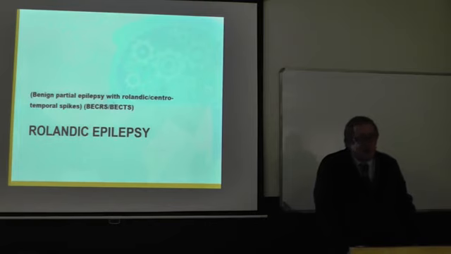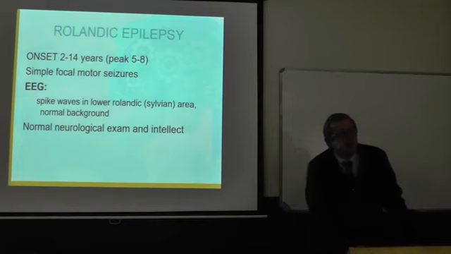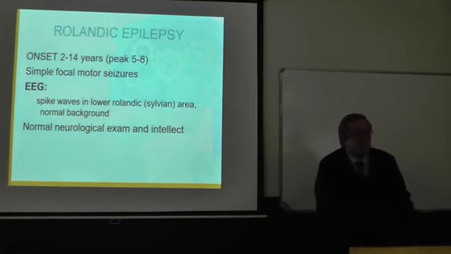This epilepsy syndrome I've told you about, the so-called Rolandic epilepsy, and that is the benign partial epilepsy with central temporal spikes, which is basically the EEG pattern. It starts typically more in early childhood, like 8 years would be a peak age. There's usually a pattern where it mostly occurs at night, so much so that some people would not treat it at all.